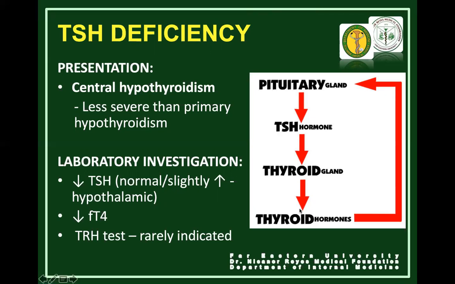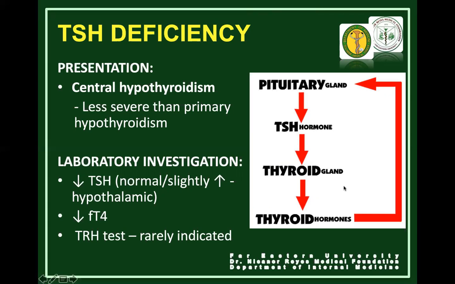So the development of the hypothyroidism is usually not abrupt compared to when you take out your thyroid hormone, wherein there is abrupt cessation of all the thyroid hormone synthesis, then your symptoms are usually more severe.